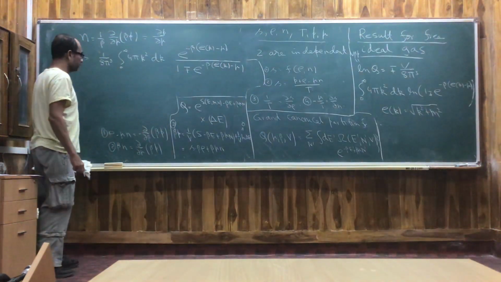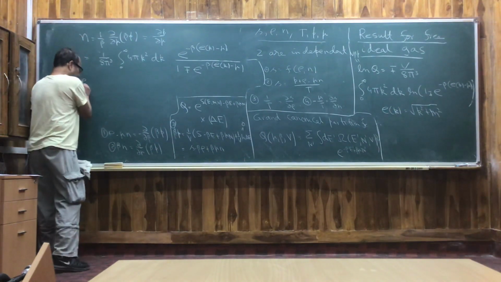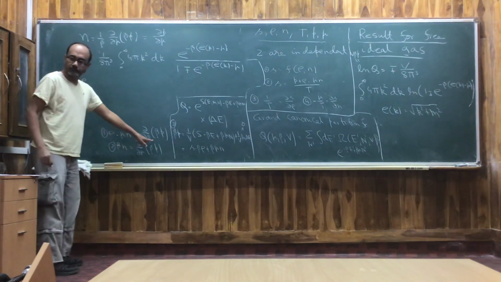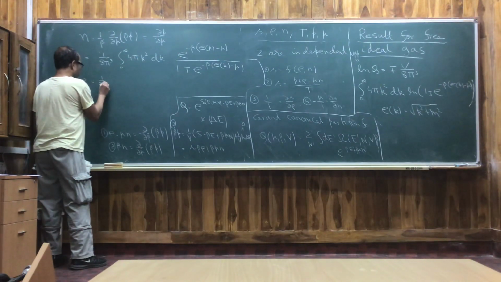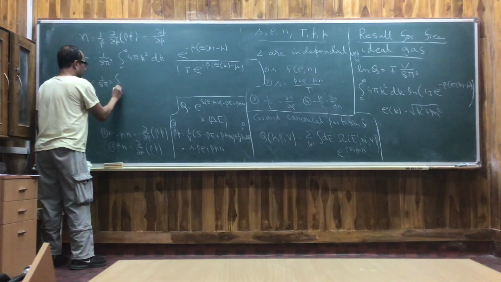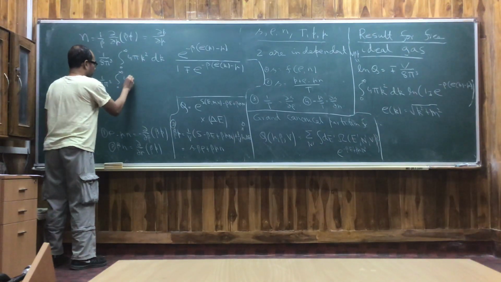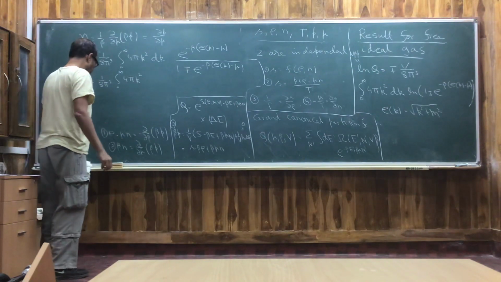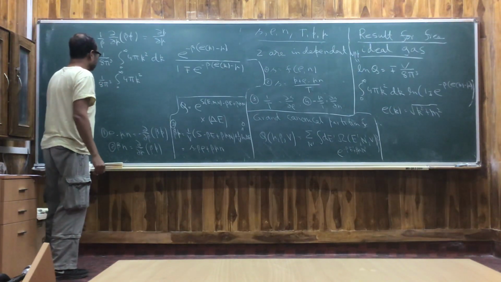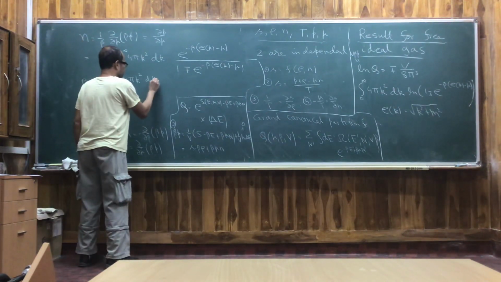So rho you can calculate from here, and this is given by 1 over 8 pi cubed times the integral from 0 to infinity of 4 pi k squared. Basically, I think you get this whole thing multiplied by E of k.